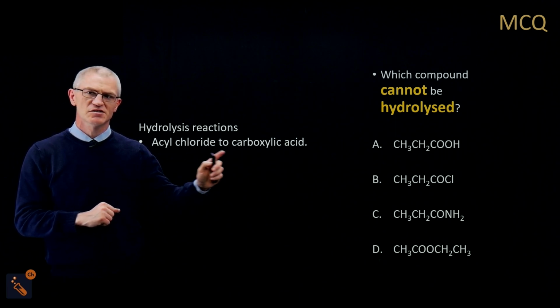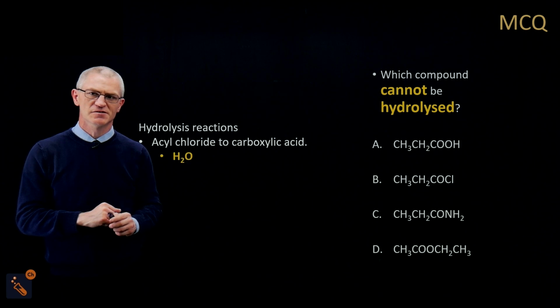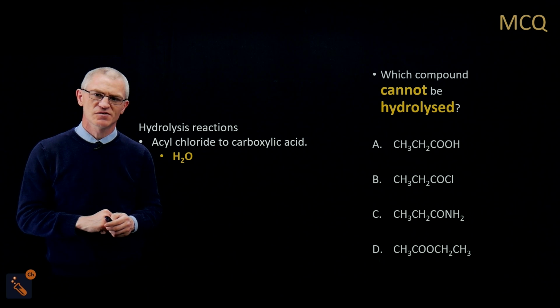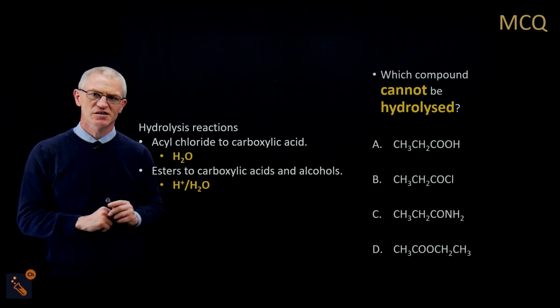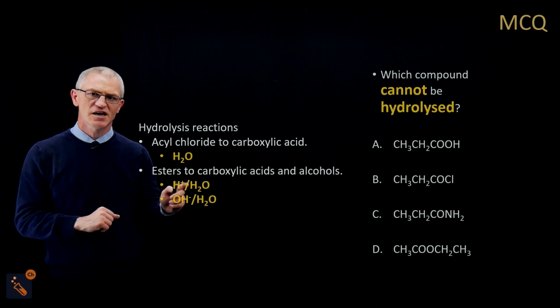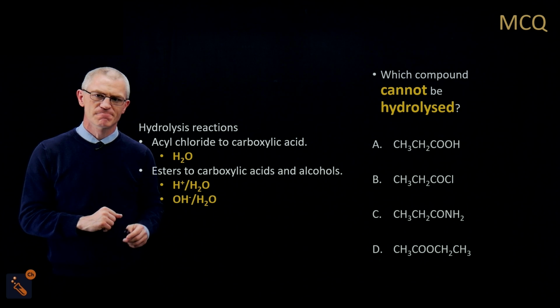So acyl chloride to carboxylic acid. That is H2O. You just add H2O, so it's definitely a hydrolysis reaction. We then go esters to carboxylic acids and alcohols. You can do that through H+/H2O or through OH-/H2O. And that is definitely hydrolysis because we have this water again.